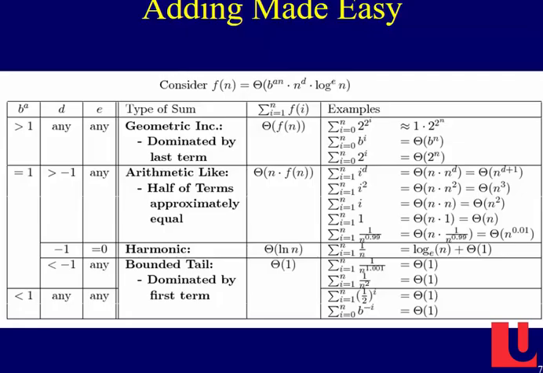So the sum is order the last number, right? That's what I got, and that's what this says here, right? The sum, if they grow fast, it's order the biggest number. If they don't grow too fast, it's order the number of numbers times the biggest number, right?